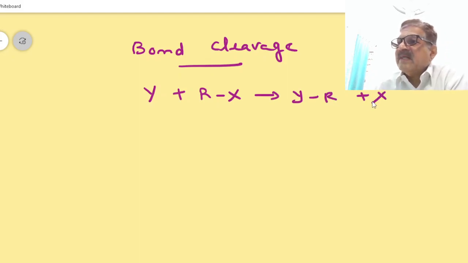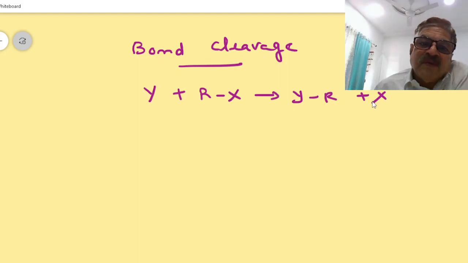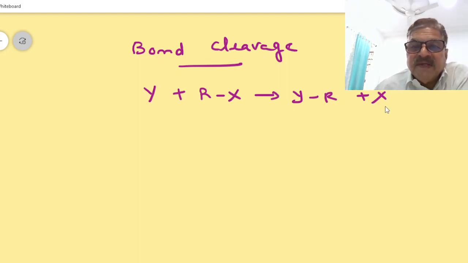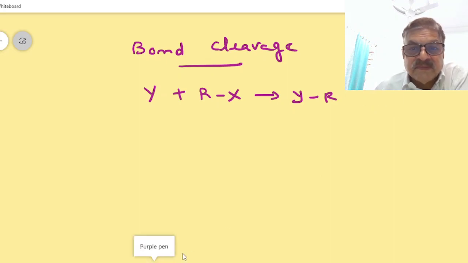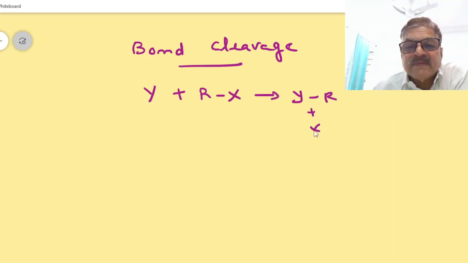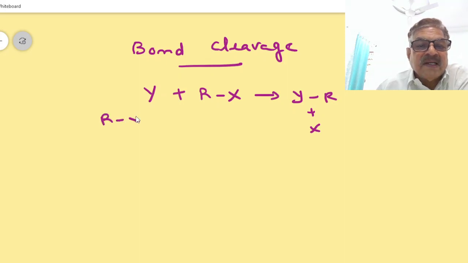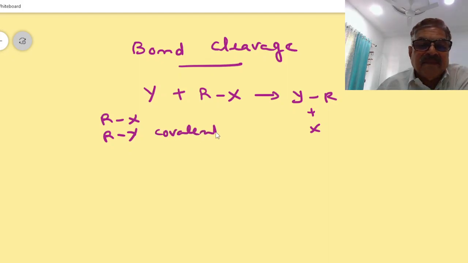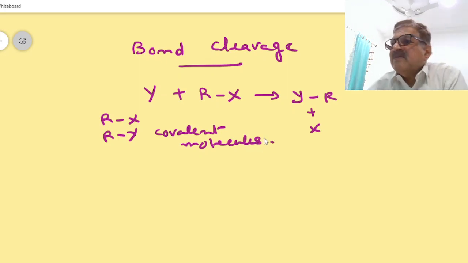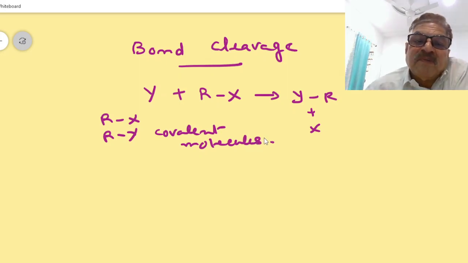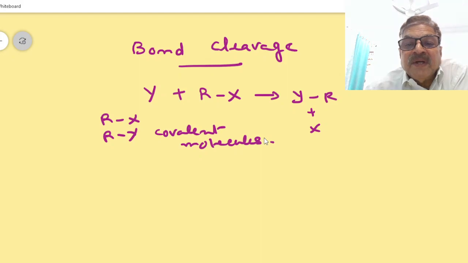Here R-X and R-Y are all covalent molecules. The R-X bond is broken here, and a new bond, the R-Y bond, is formed.